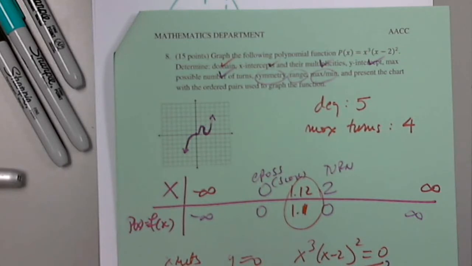So let's put 0, enter, and then 2, enter, and then enter again. Did we get 1.12, comma 1.1? Yes. Good? Right there.